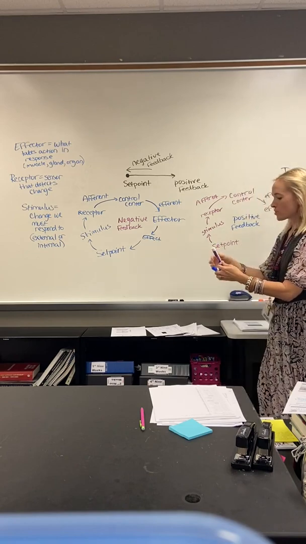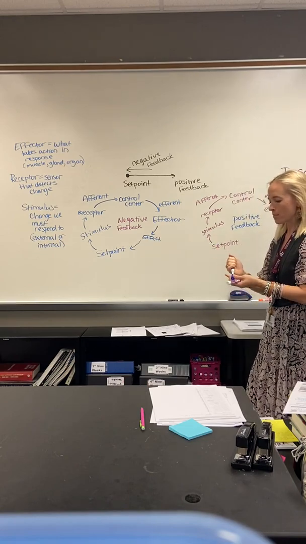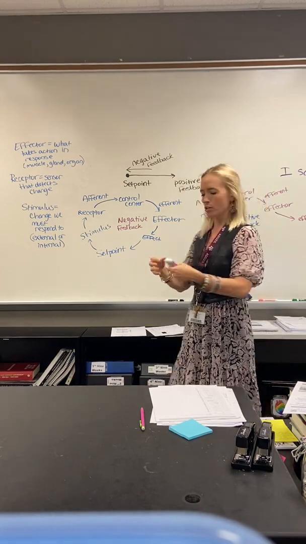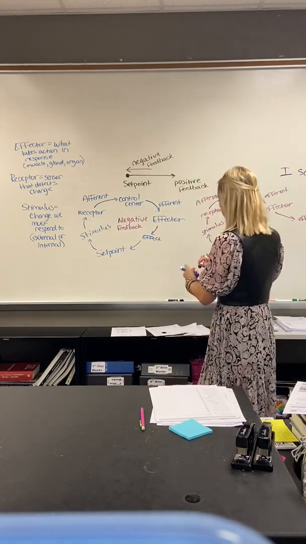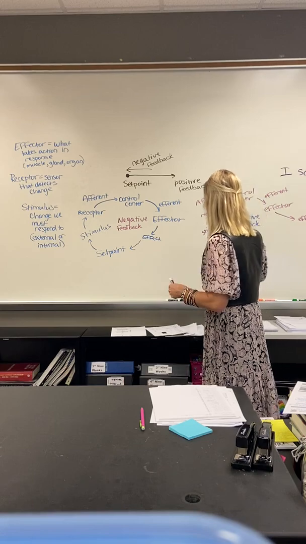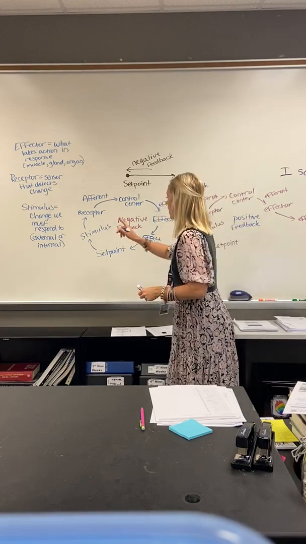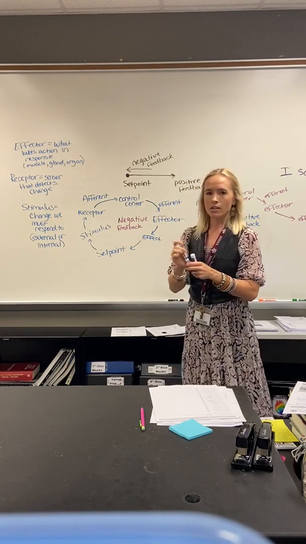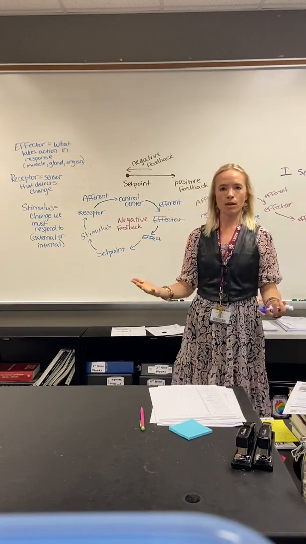All right, so really quickly, let's do an example of a negative feedback loop. Let's talk about an increase in blood pressure. Let's identify all the parts: stimulus, receptor, afferent, control center, etc. Let's say we have an increase in blood pressure.